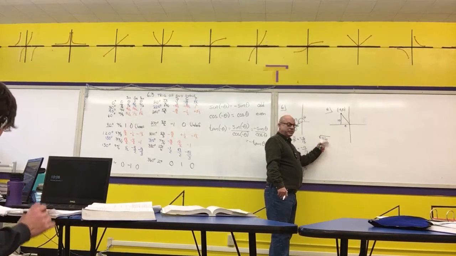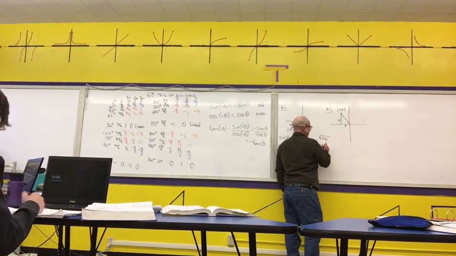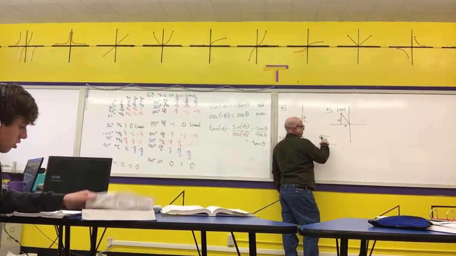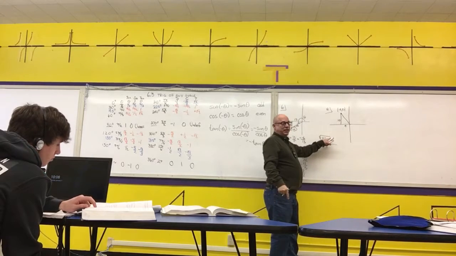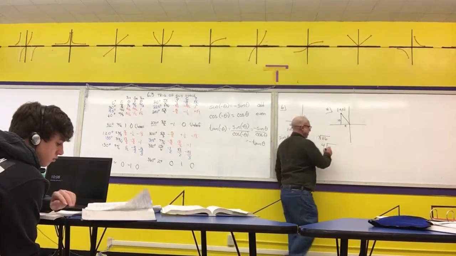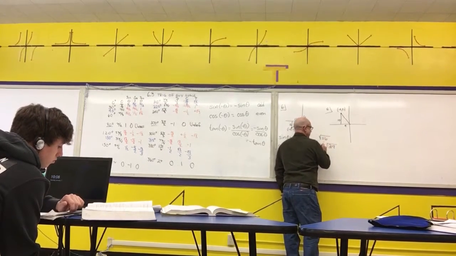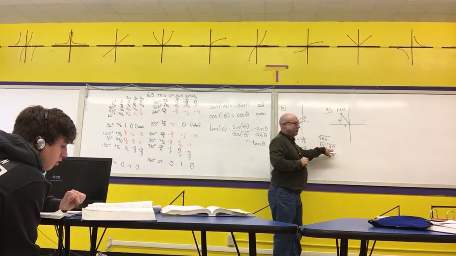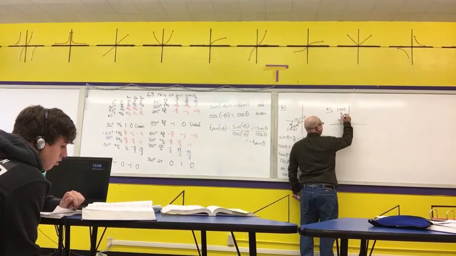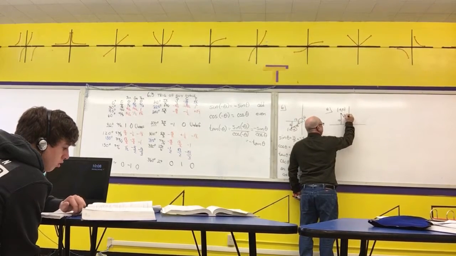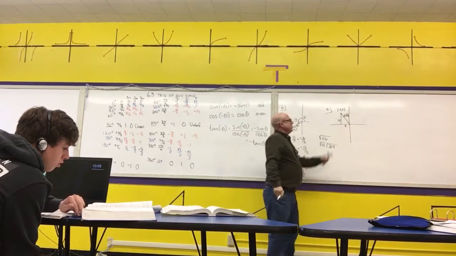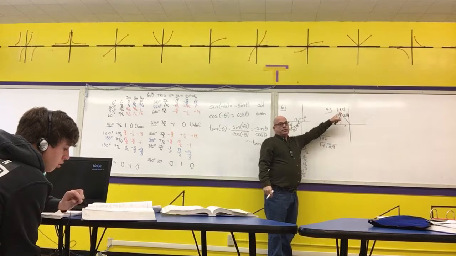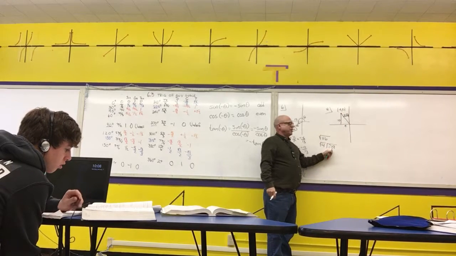Out of 116, that's 4 times 29. 25 plus 4 is 29, right? So I have the square root of 4 times the square root of 29. 2, that's prime. So that's 2 root 29. That's how we're going to come up with the r. We're going to want our r's in simplified form.